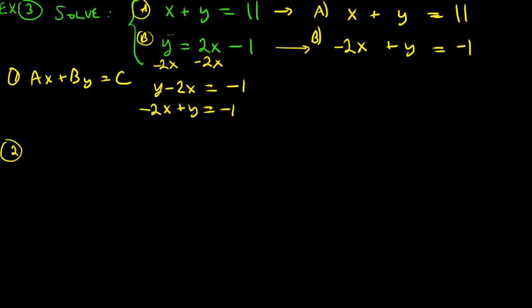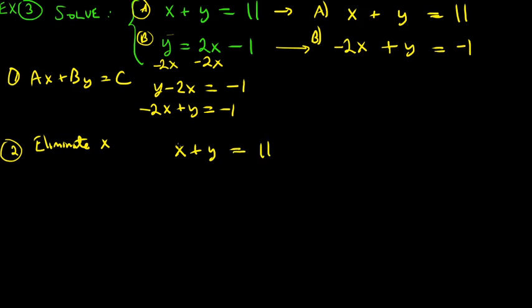And step 2 is to figure out which variable you want to eliminate, x or y. And again, it doesn't matter. If you want to eliminate x, let's eliminate x. All we need to do is multiply the first equation by a positive 2 to cancel with the negative 2 in equation B. So here's equation A, x plus y equals 11.